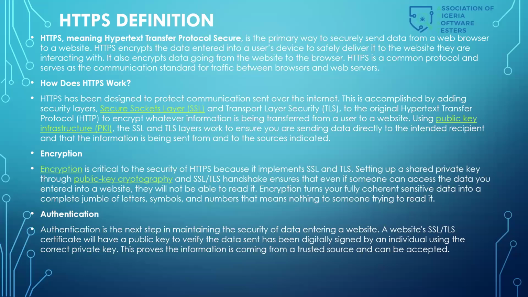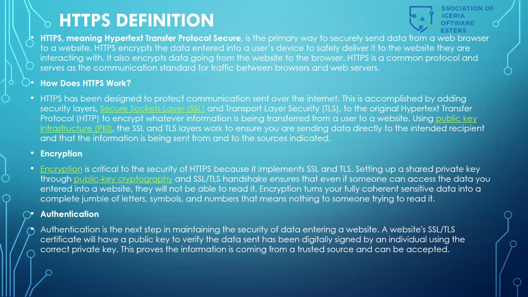Now, the normal thing is HTTP. The S is just the secure. So whenever you see plain HTTP, it is like you are sending to an unsecure website, because from the point you send that request from your web browser to the website, anything can happen and nobody tells you, because it is unsecure until you have the S. So HTTPS encrypts the data entered into a user's device to safely deliver it to the website that they are interacting with.